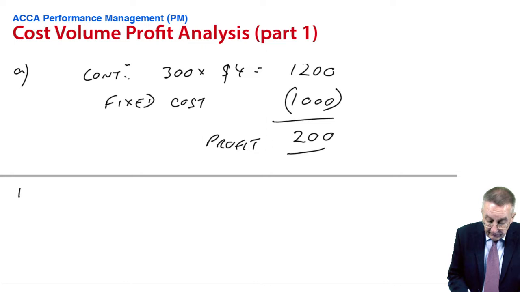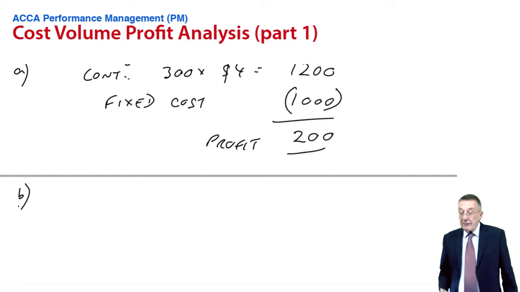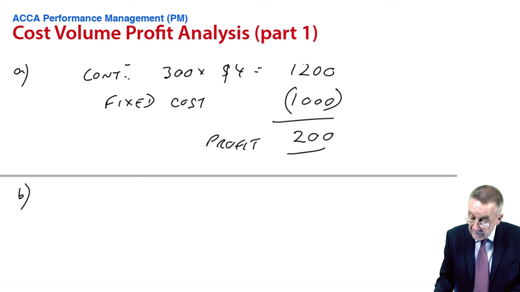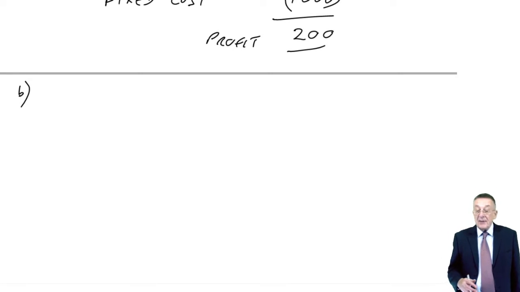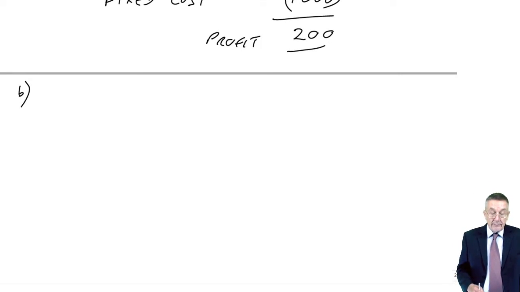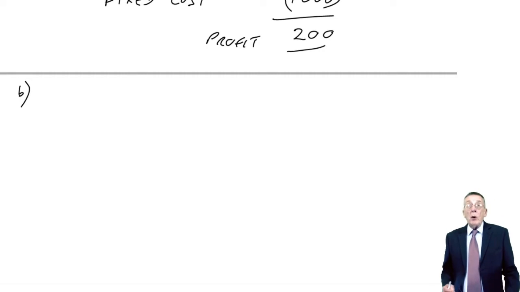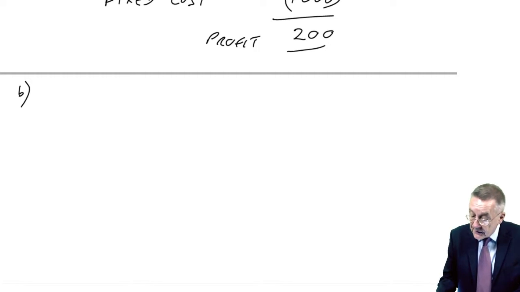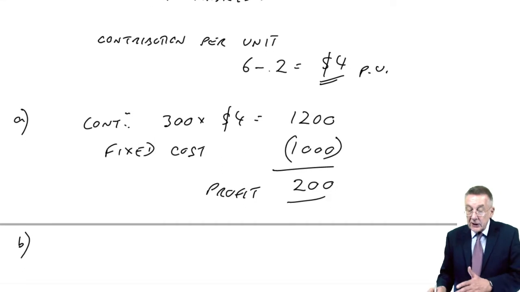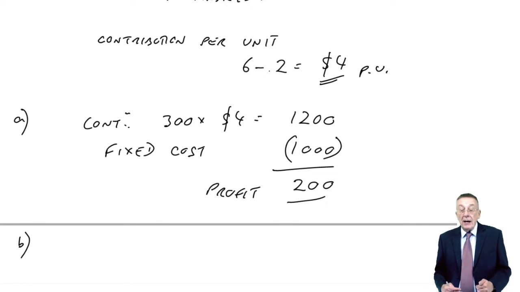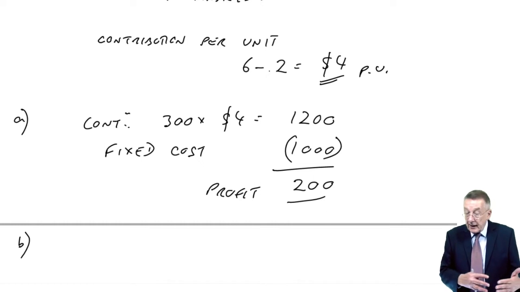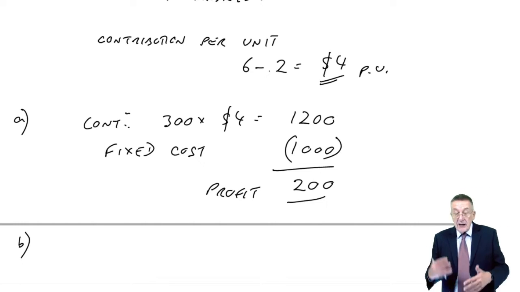Part B, the first bit of what I might call definition, it says, what is the break-even point in units? Well, what do we mean by break-even? I've already said that as the number of units changes, the contribution changes, and therefore the final profit, or loss for that matter, changes.